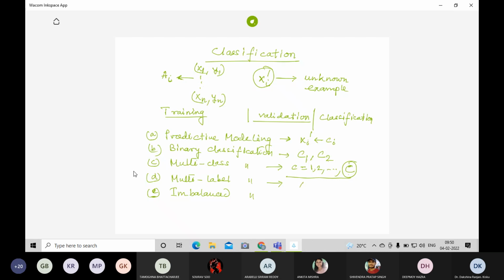In multi-label classification, we decide about the class, and there can be more than one class. That means we can have multiple class labels that we can assign to the unknown sample xi dash.